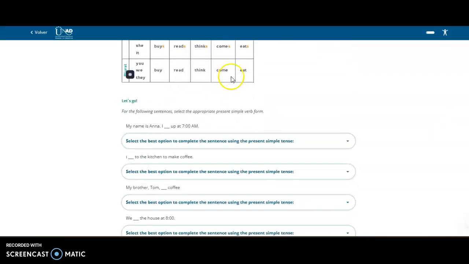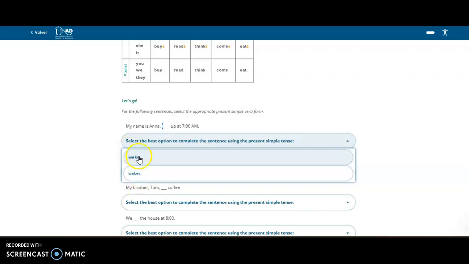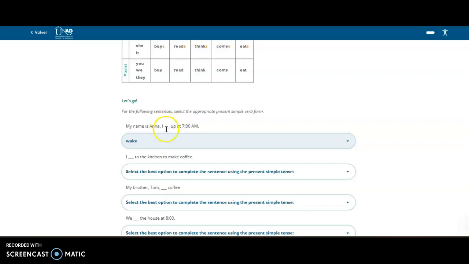For the activity with these sentences, we need to select the appropriate verb form. So my name is Anna. I'm talking again with I, so in that case we need to use it with S or without S. In that case, wake, because it's the first person.